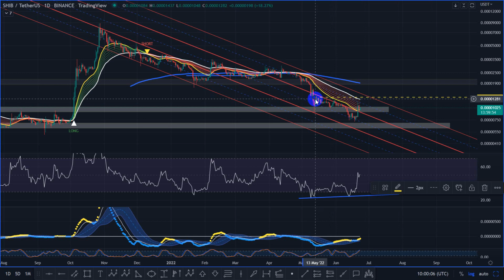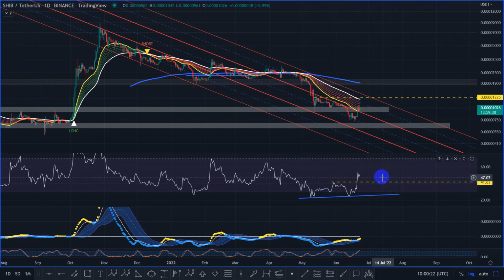But if you check on RSI, you can already see that the RSI broke that level. For example, here was the higher high and it broke it, but not on the price chart. So that's another good signal that there might be another strong movement to the upside.